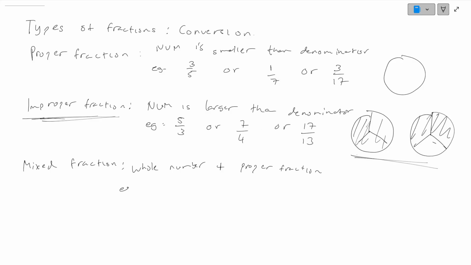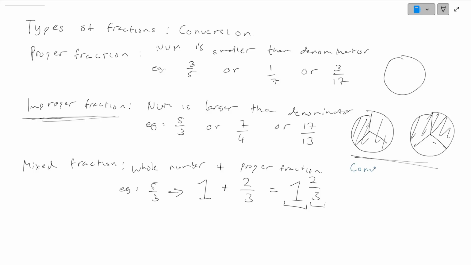So for the example of 5/3, which is the way we know how to write fractions up to now, if visually you have one pizza and another pizza which is 2 pieces when it's cut out of 3, then your mixed number will look like one whole pizza plus 2/3 of that pizza, which you write as 1 and 2/3. So this represents the whole part and this represents the fractional part. That is what a mixed fraction is.